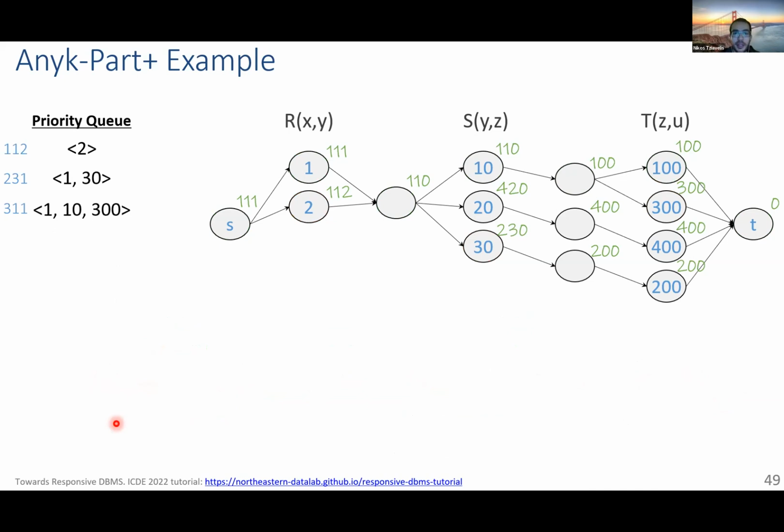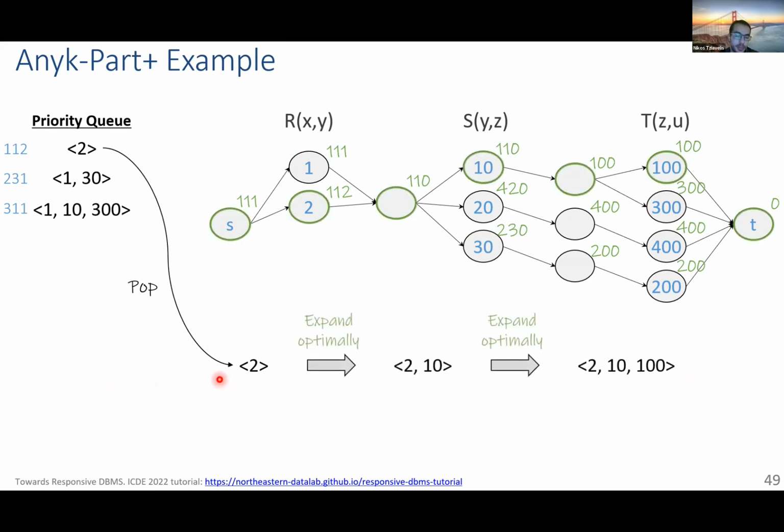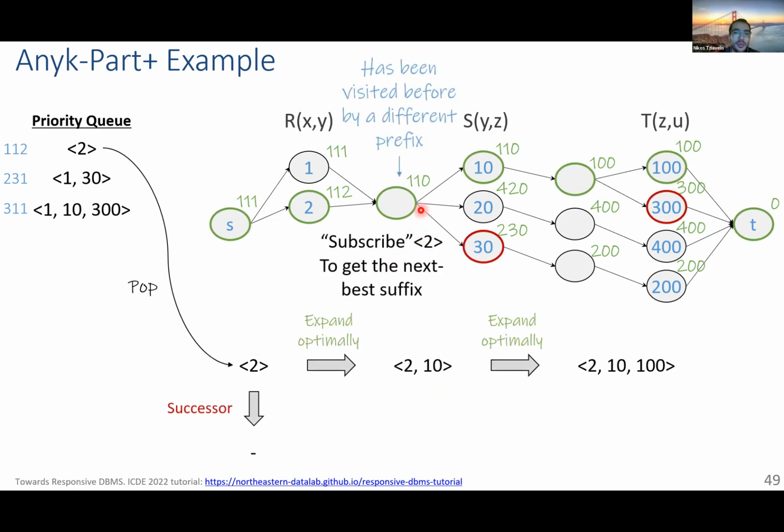Now let's move on to the second iteration, where there is a difference. When we pop the second best one, which is the prefix starting from 2, we expand it optimally, and then as we traverse the path, we realize that when we visit this node here, we have been here before. We were here before in the previous iteration when we visited from 1, and so we don't have to continue taking successors, and we simply subscribe to this node in order to get the next best suffix.